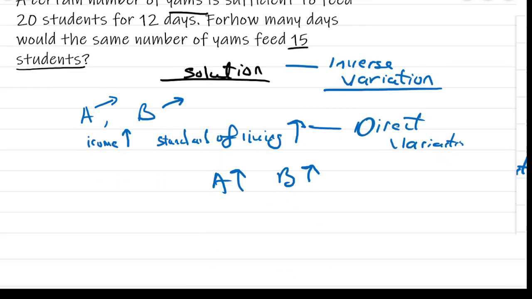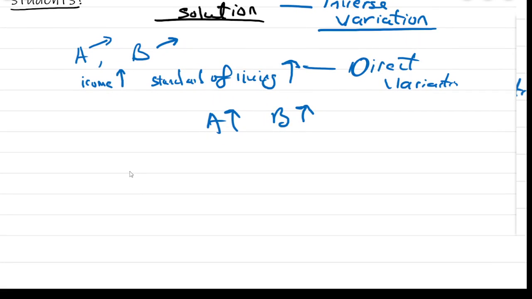But we have the inverse variation case. This happens when, if a increases, b must decrease. This is the special case where you have a particular quantity of food that is limited, that is fixed. If you have 5 students, 1, 2, 3, 4, 5, to eat this food, it may be enough for them for about 3 days.